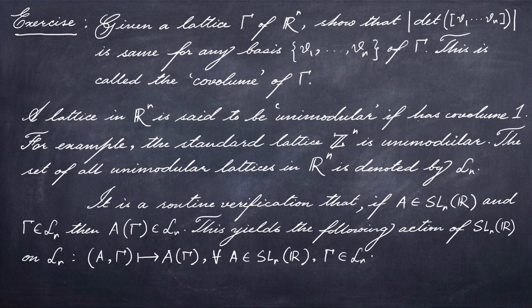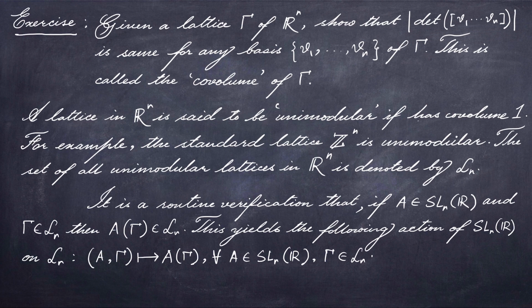If a lattice has co-volume 1, then it is called unimodular. For example, as I just mentioned, for any n, the standard lattice Zn is unimodular. We denote the collection of all unimodular lattices in Rn by Ln. So Ln is the collection of all lattices with co-volume 1.